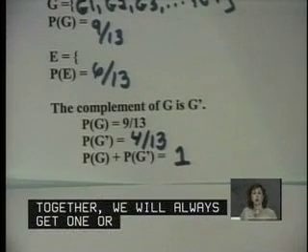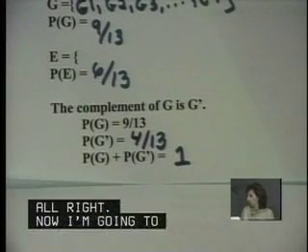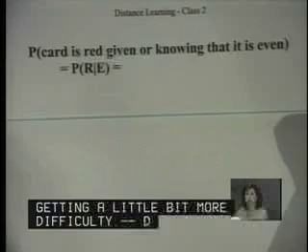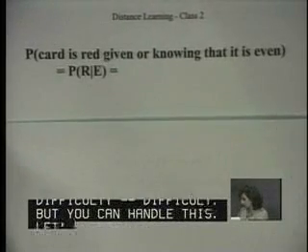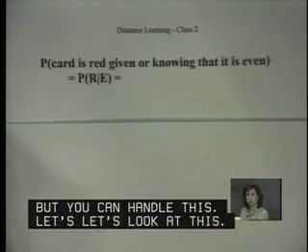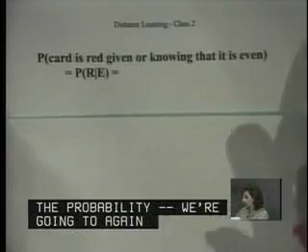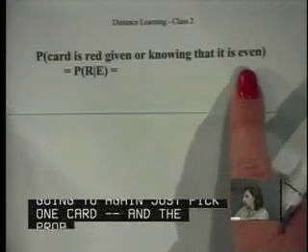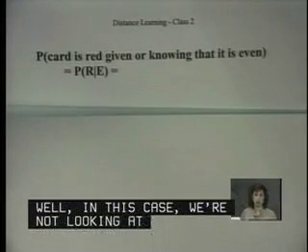All right, now I'm going to go on to some more of these. Getting a little bit more difficult, but you can handle this. All right, let's look at this one now. We're again going to just pick one card, and the probability that the card is red, knowing that it was even. Well, in this case, we're not looking at all the cards that we have.